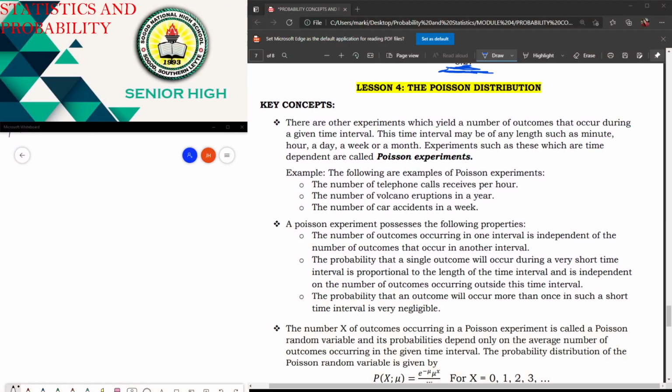Alright, so in this video we have our lesson 4. It's the Poisson distribution. When we say Poisson distribution, it is an experiment which yields a number of outcomes that occur during a given time interval.